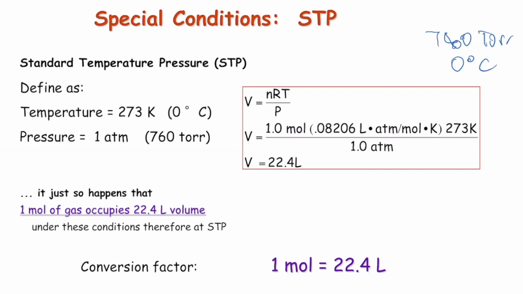Or maybe I'll tell you, okay, you have 273 Kelvin and you've got, say, 14.6 psi. 14.6 psi is 760 torr, and 760 torr is 1 atmosphere. That's STP. So sometimes I'm not going to tell you it's STP. You have to figure that out.